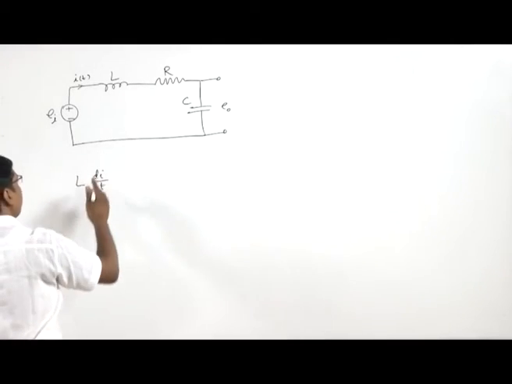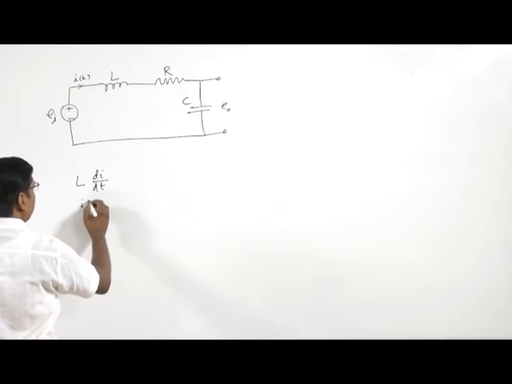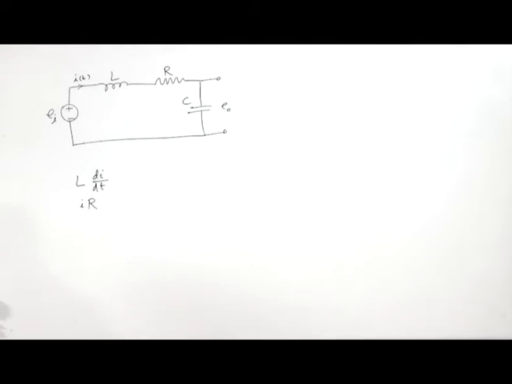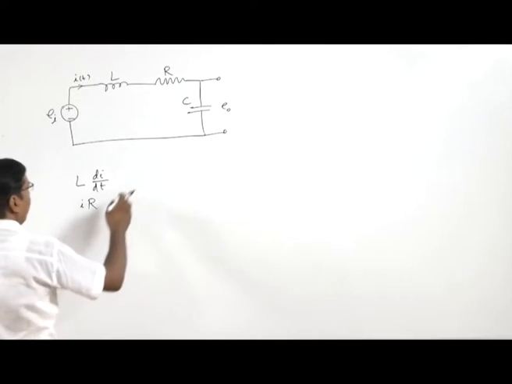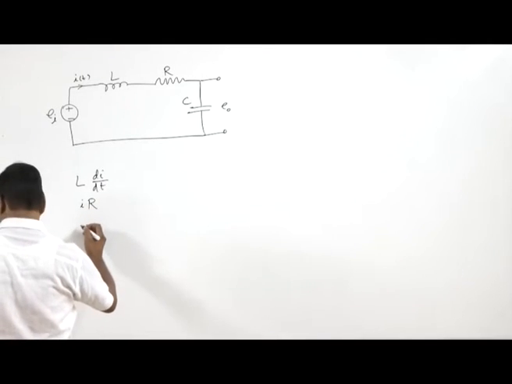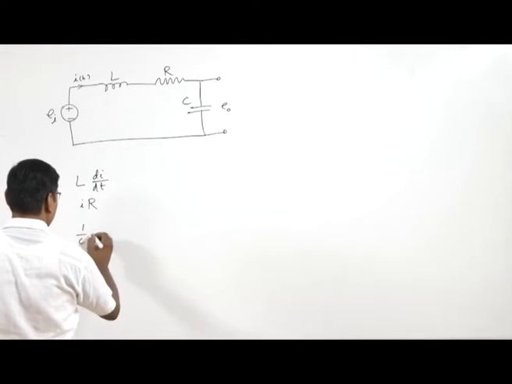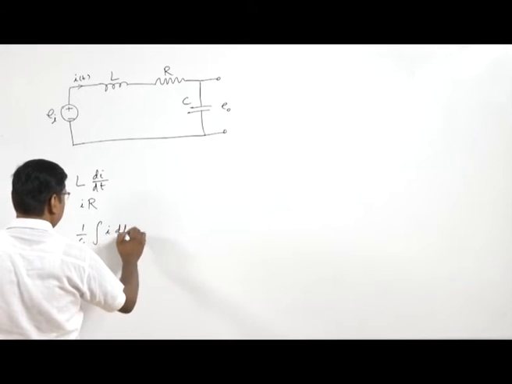In a resistor, voltage is proportional to the resistance, and in a capacitor it is 1 by C integral of i dt.